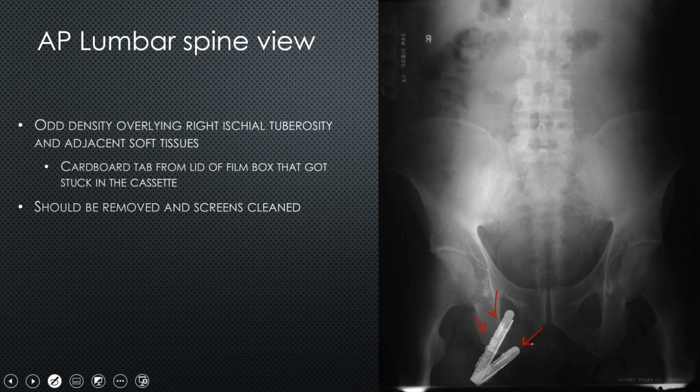This ended up being a cardboard tab from the lid of the film box, ended up getting stuck in the cassette. So if you are using an analog system, make sure before you input any film that your screens and your cassettes are clean and free of any paper, bugs, or something like that.